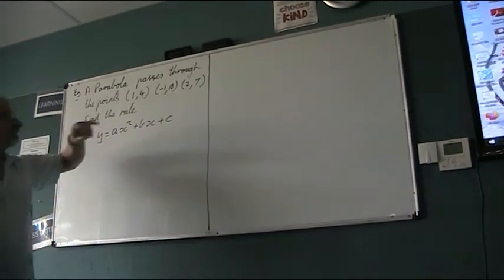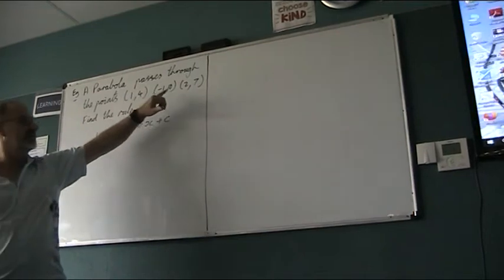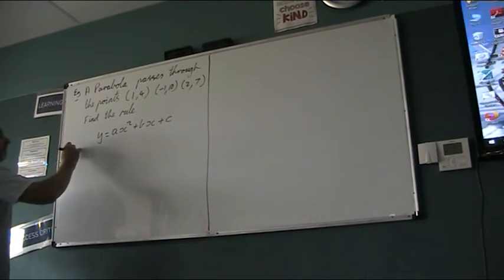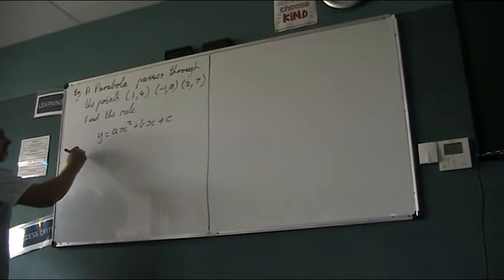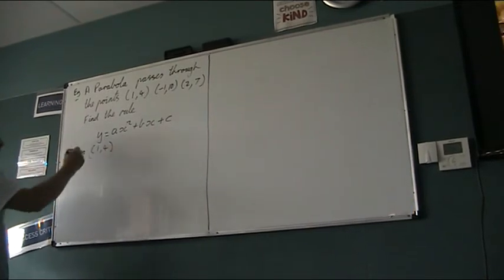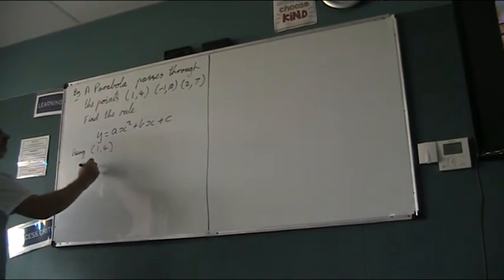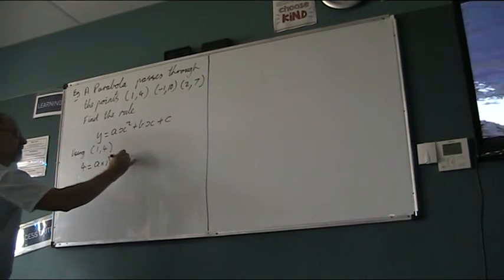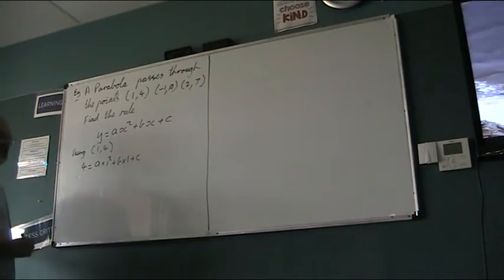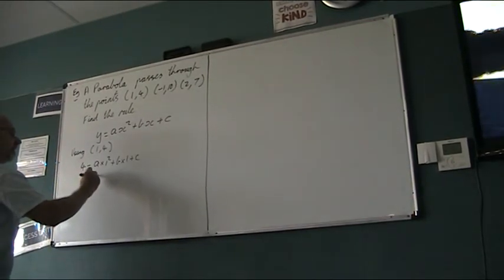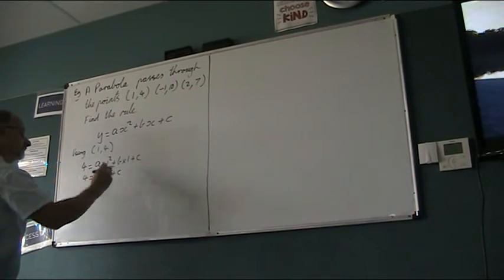And then we need to use each one of these points. So from the point 1 and 4, when we substitute in, we get 4 equals a times 1 squared plus b times 1 plus c. And then we work out these numbers, we get 4 equals a plus b plus c.